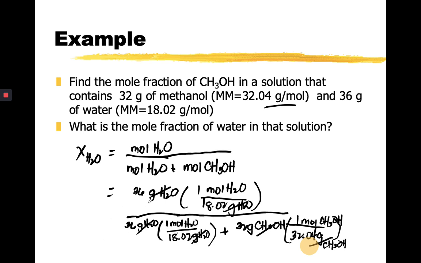So you can do this directly. You can input it directly in your calculator, especially if you have the fraction notation, or you can do this separately. So this is 36 divided by 18.02. You have an answer in the numerator, and then you can also perform the calculations in the denominator and then just add.